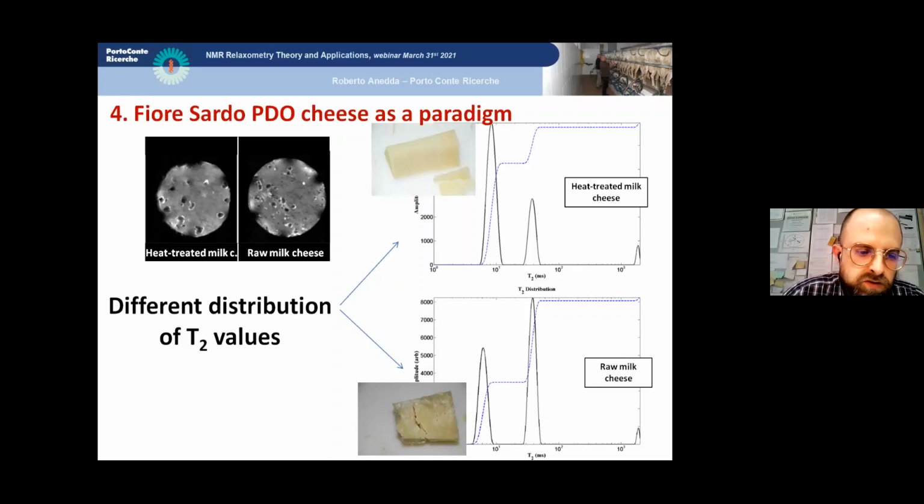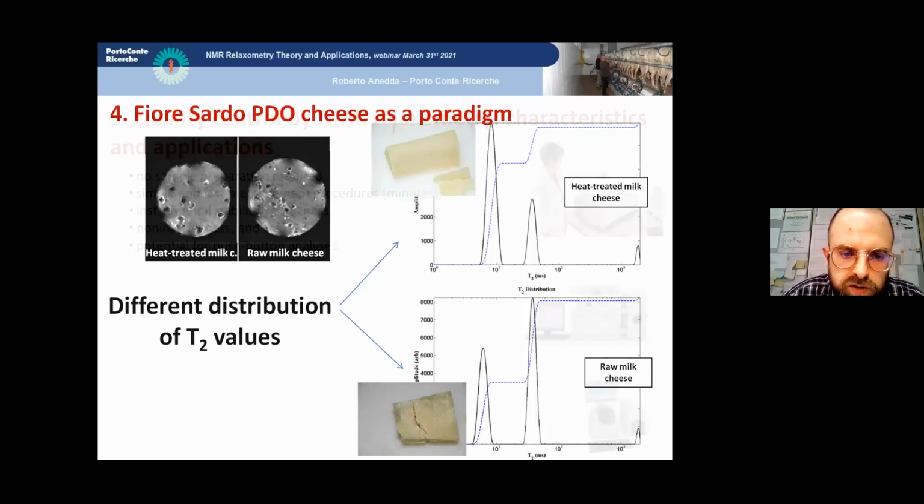On the contrary, raw milk cheese has a grainy, friable, brittle paste, and is heterogeneous with larger eyes and slits, so it's very different also visually. But we cannot compare visual appearance if we don't have some numbers from more rigorous analytical approaches that would validate the evaluation of visual appearance.